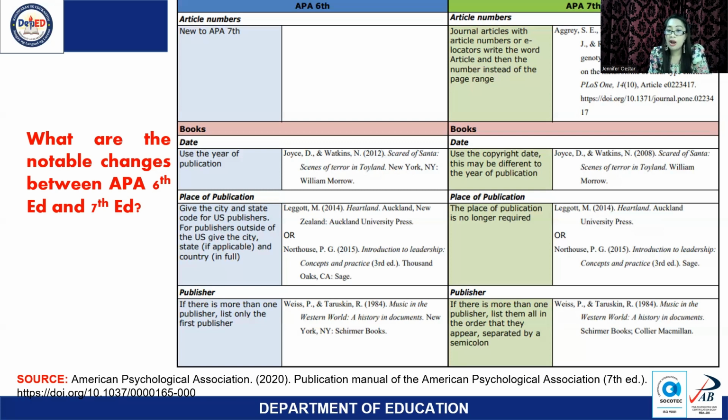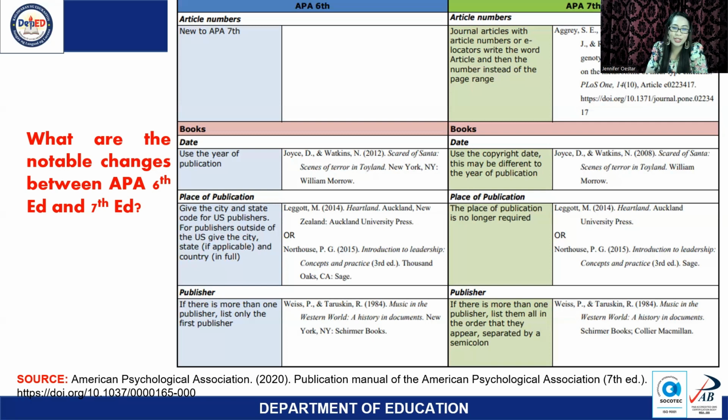But here, Joyce and Watkins 2008, we use the copyright date. In the 7th edition, instead of writing the year of publication, we are just using the copyright date.